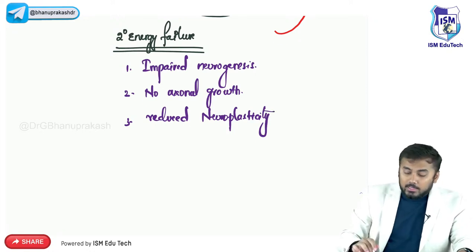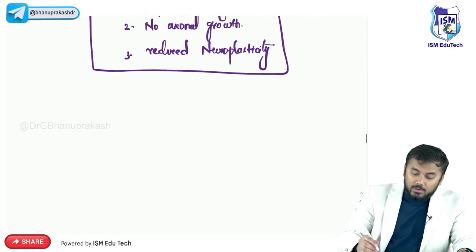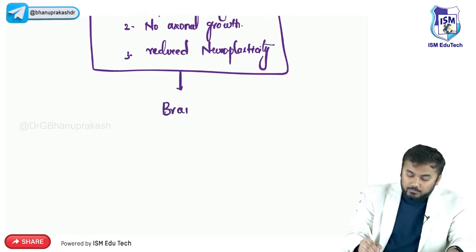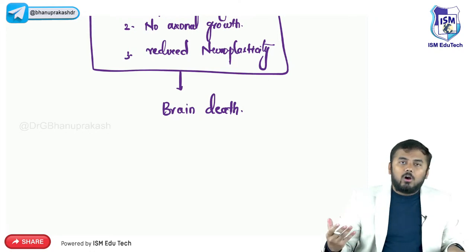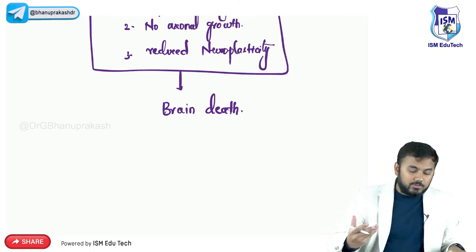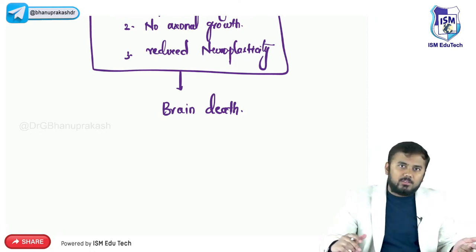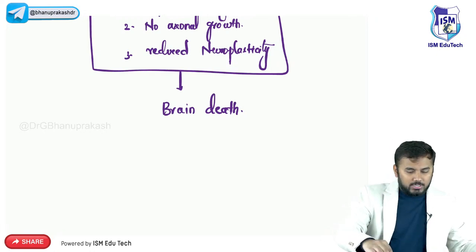Okay. So after all these three things which are happening in secondary energy failure, finally it would lead to a condition called as brain death. So this is all the discussion about the pathophysiology of brain damage. All of you understood these two pathophysiologies, guys. One is pathophysiology of organ damage and another one is pathophysiology of brain damage. You understood this, everyone?